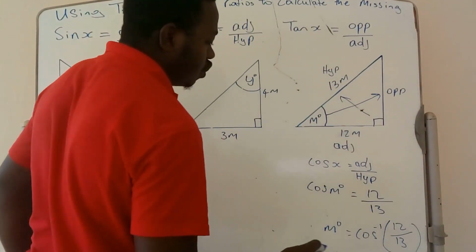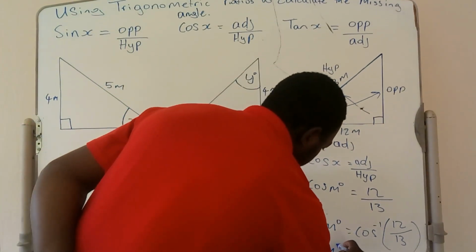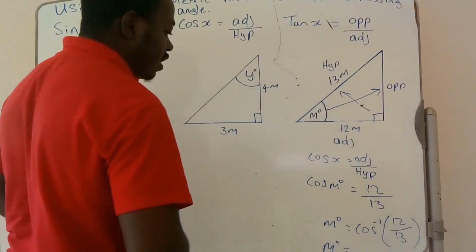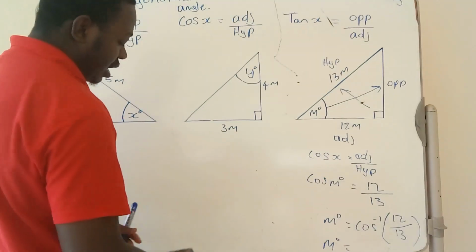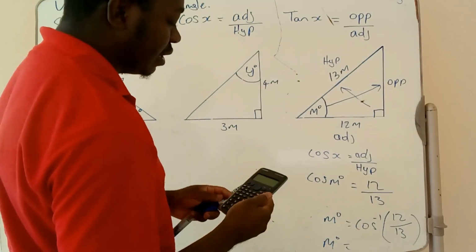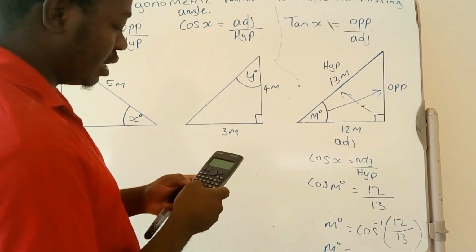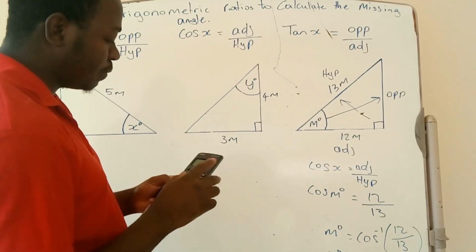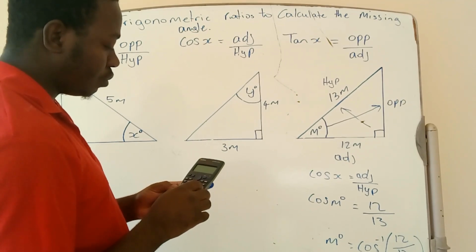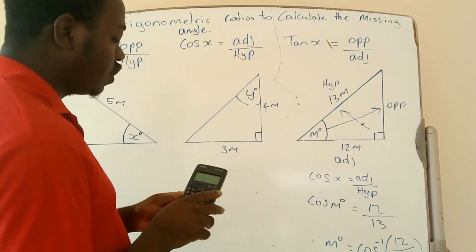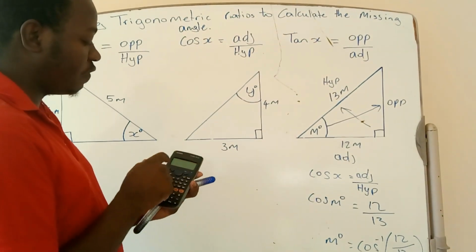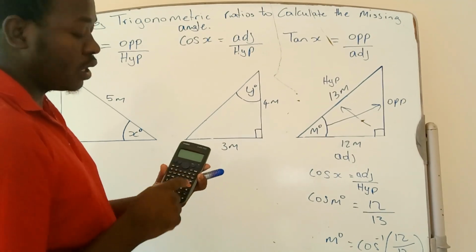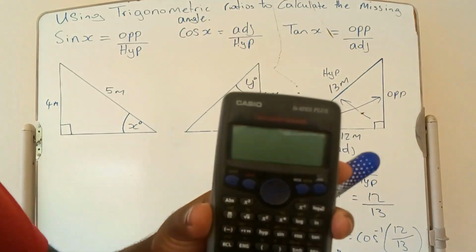Now all you need to do to finish is to take a calculator and put that in. On some calculators, cos inverse is in an orange color. So what you need to do is press shift first.